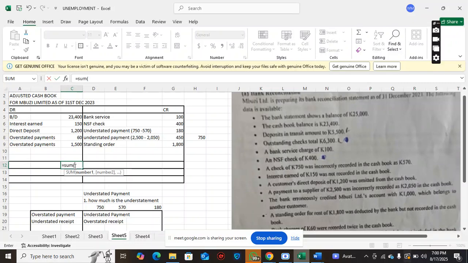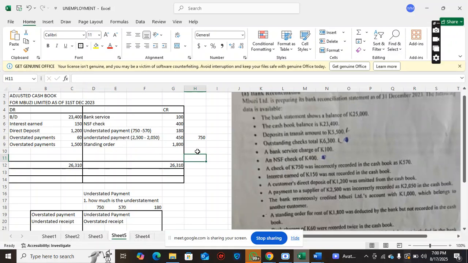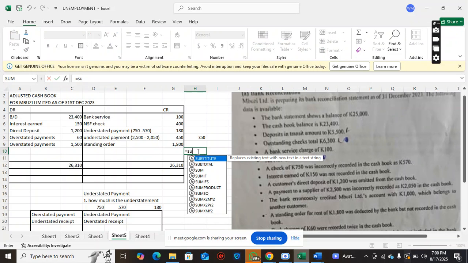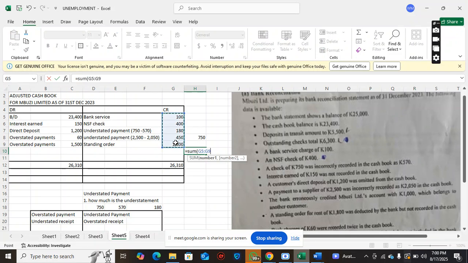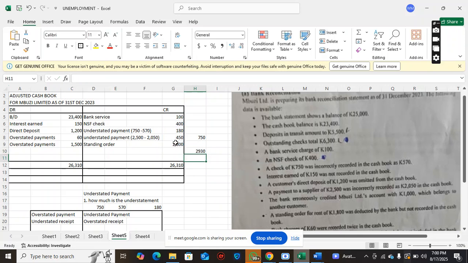I hope we all know how to balance and close these T accounts. 26,310. Okay, we find on the credit side how much it is. 2,930.